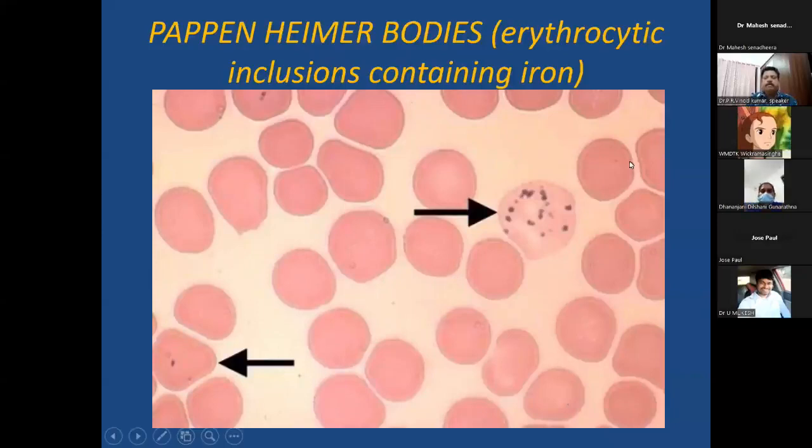These are hemosiderin bodies, pigments containing iron, due to defective iron metabolism. Sometimes these iron pigments can deposit in the erythrocytes, producing hemosiderosis. These are siderin pigments, and these cells are known as siderocytes.